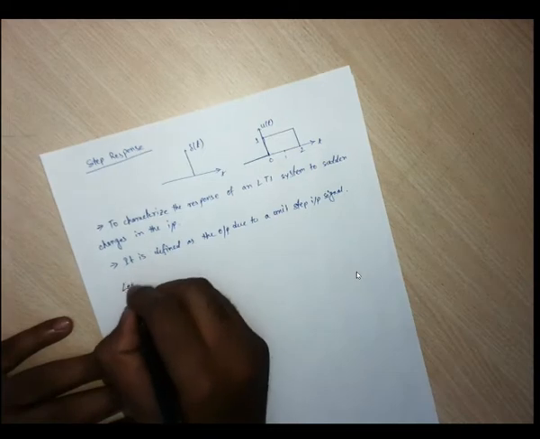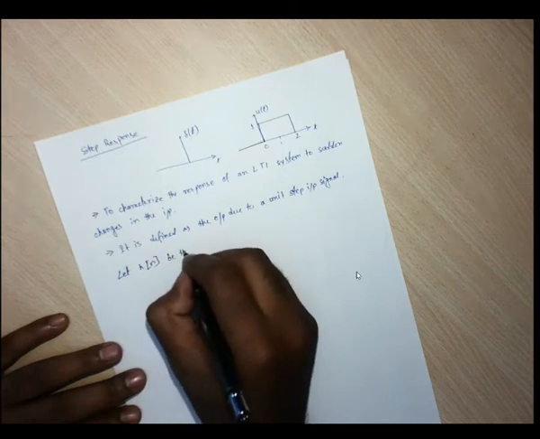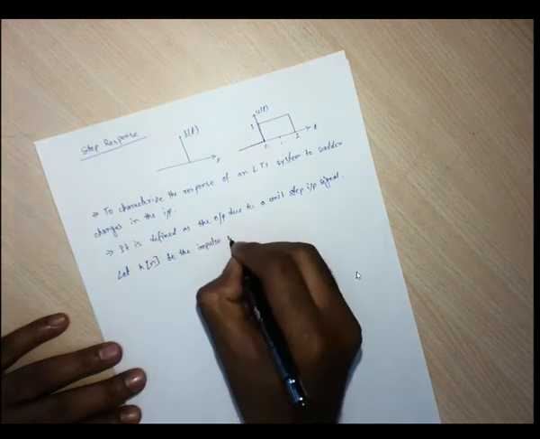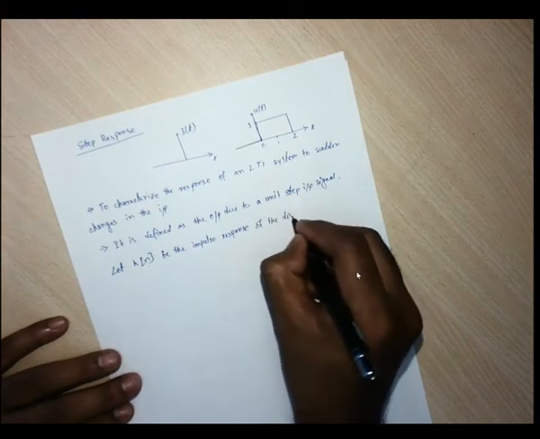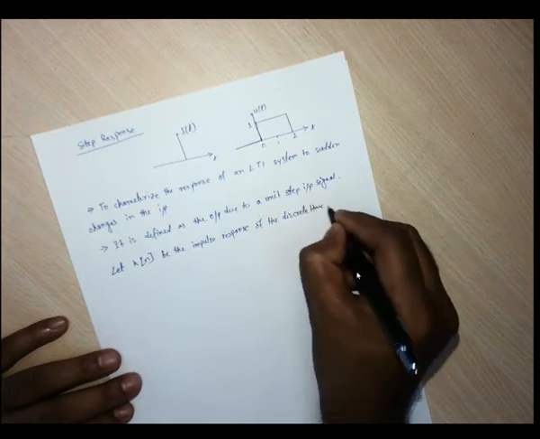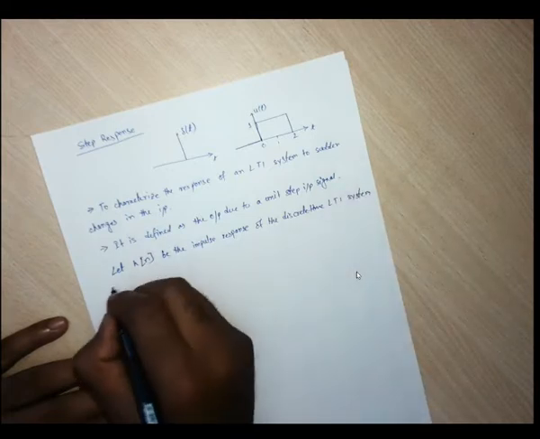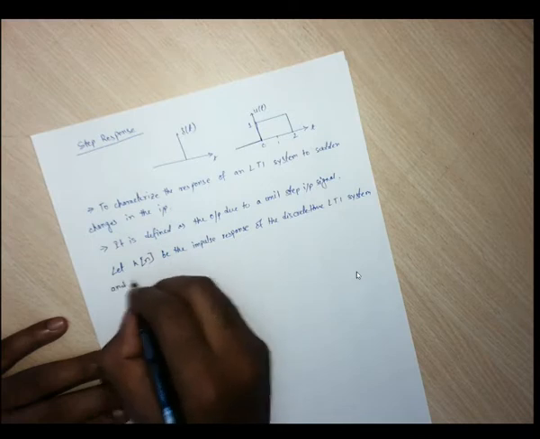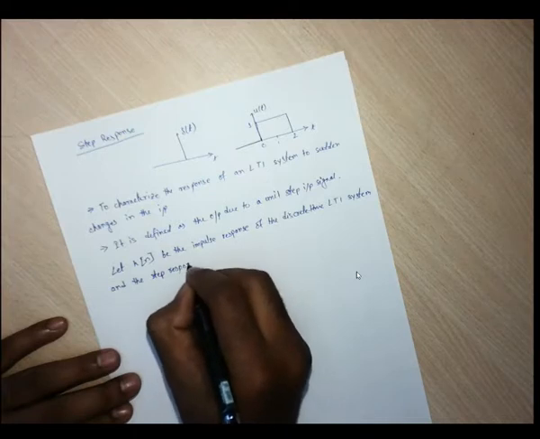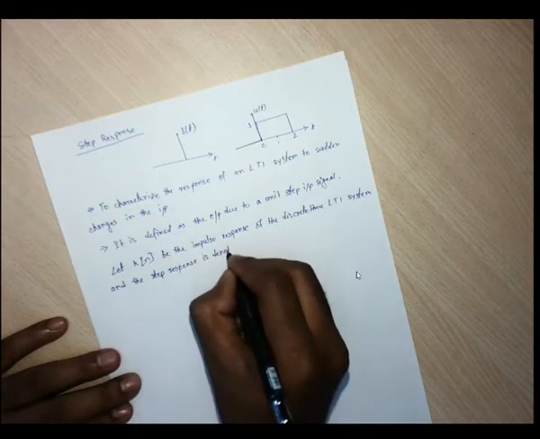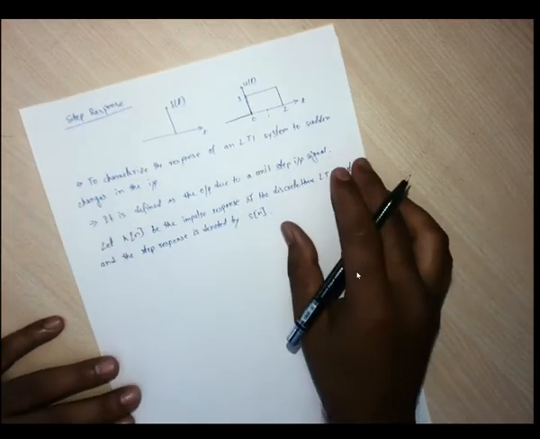So let h[n] be the impulse response of the discrete time LTI system, and the step response is denoted by s[n].